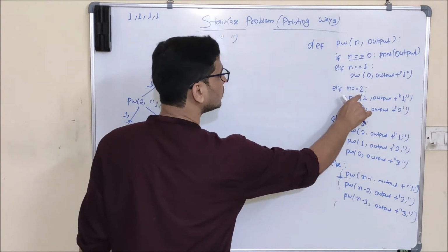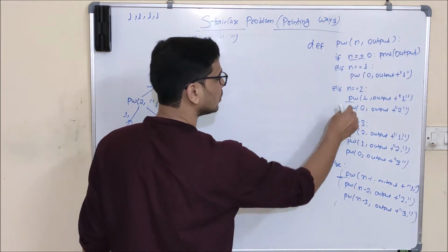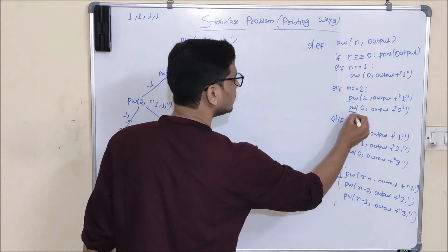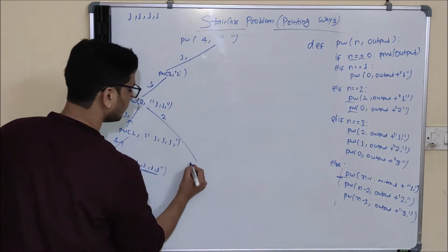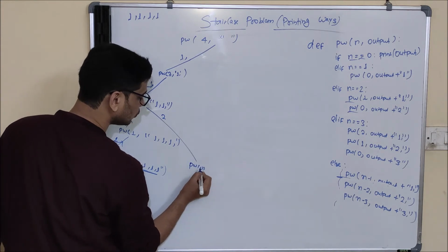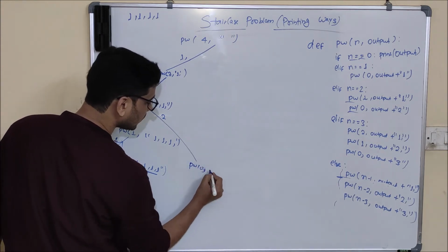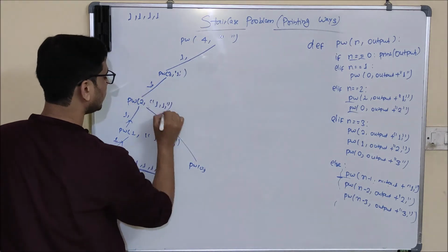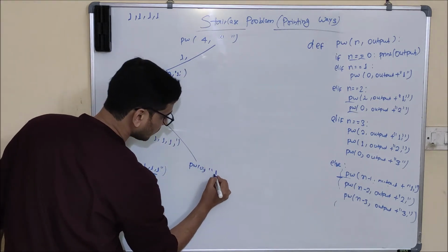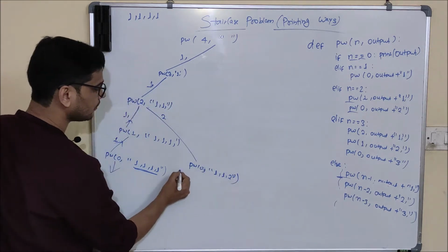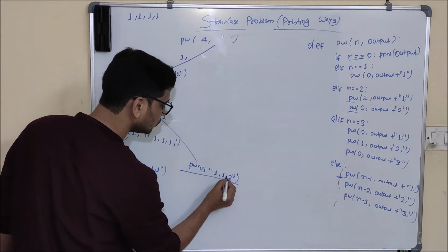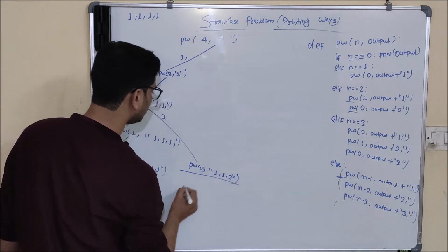See, if n is equal to 2, I have taken this function call and it has returned. Now it will take a 2-step jump and make a function call to pw of 0, 1, 1, 2. It will append 2 in the string and make a function call to pw of 0, 1, 1, 2.